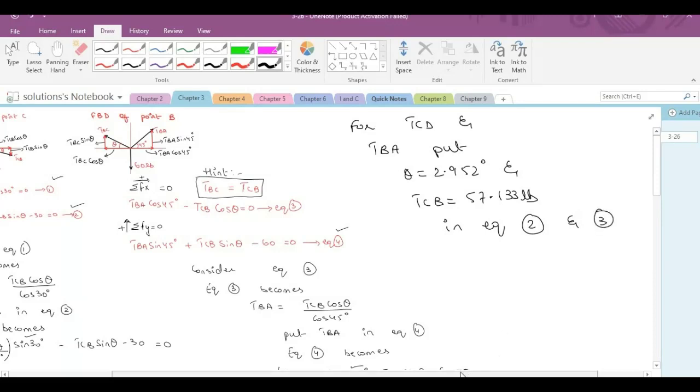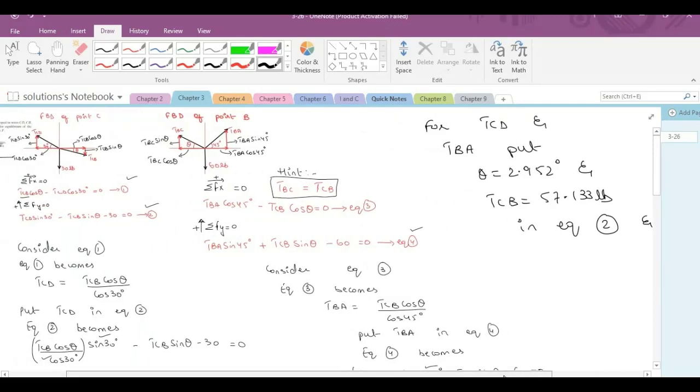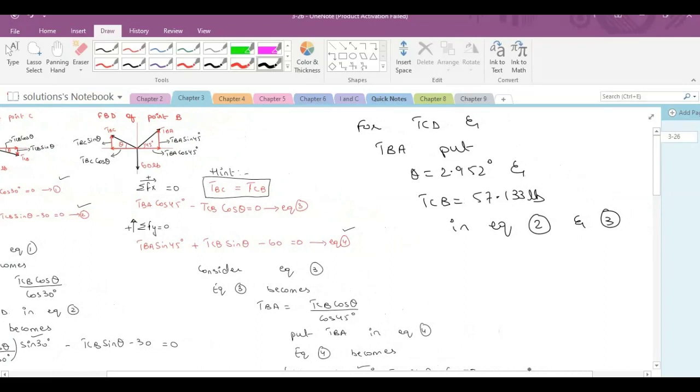Yes, you can also use the equation 1 and 4, but we are going to solve it by using the equations 2 and 3.